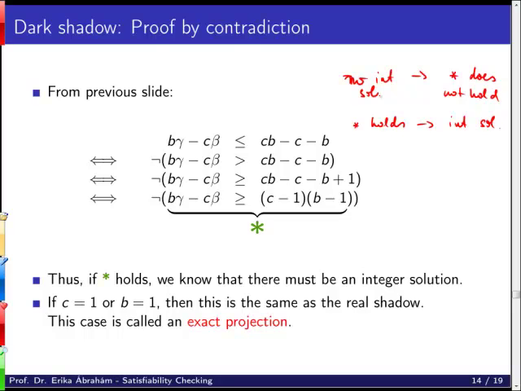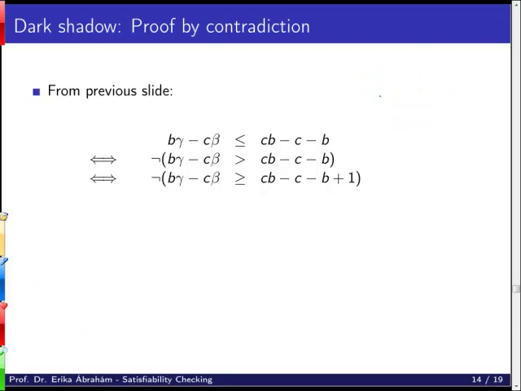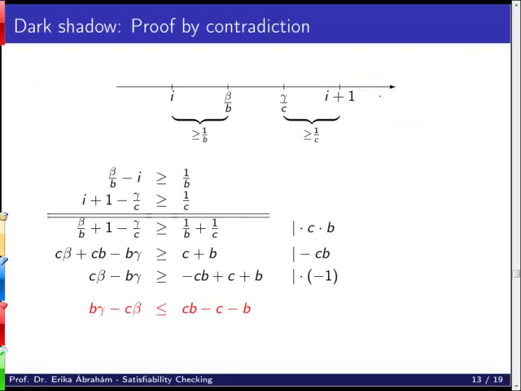So we just check star, this inner inequation, if it holds or not. And if it holds, then we know that there is an integer solution. However, note that if it does not hold, then we do not know anything, because these formulations were not equivalent reformulations, but only implications. Here this slide is equivalence, but in the previous slide, it was only an implication.